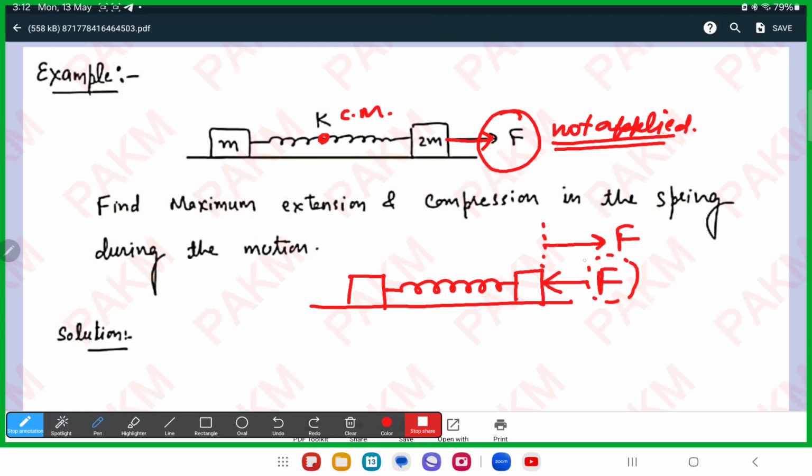Always remember, when the external force is applied in the outward direction, we are supposed to calculate the maximum extension and compression in the spring during the motion. This is one of the finest problems. Let's discuss the solution.